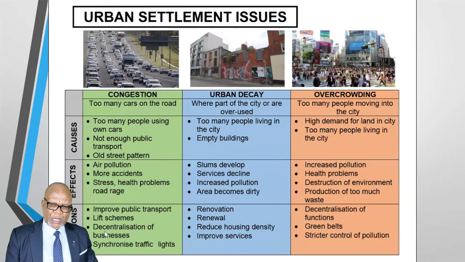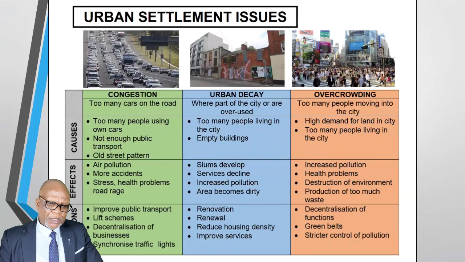And then we now have what we call urban issues. We have, number one, urban issues: traffic congestion, urban decay, overcrowding. Sometimes in the examination you could be asked to identify an urban issue.